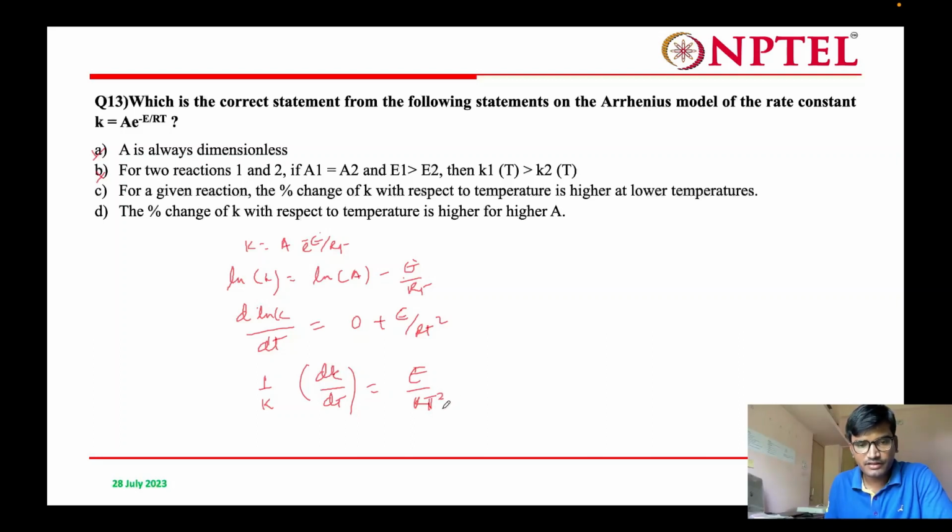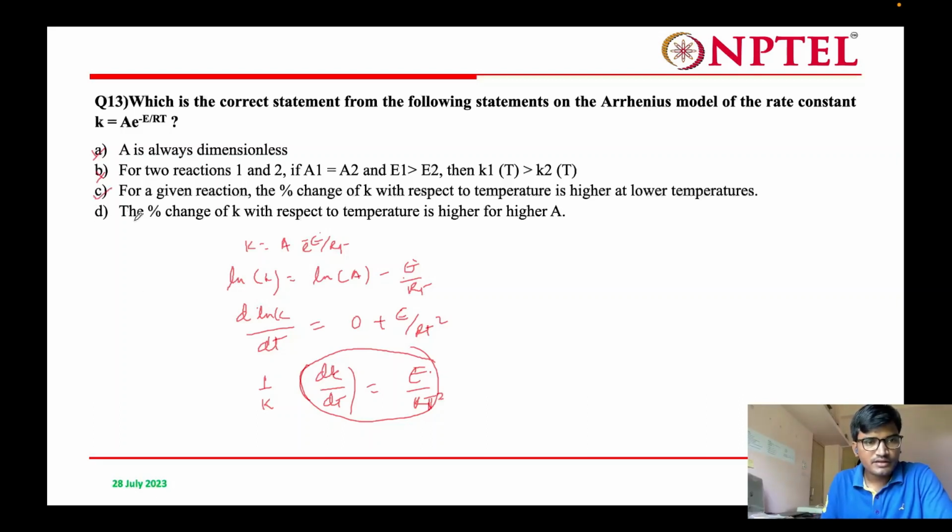If T were in the numerator, the change would be higher at higher temperatures. So option C is right.